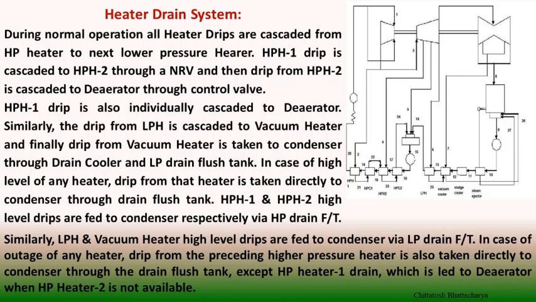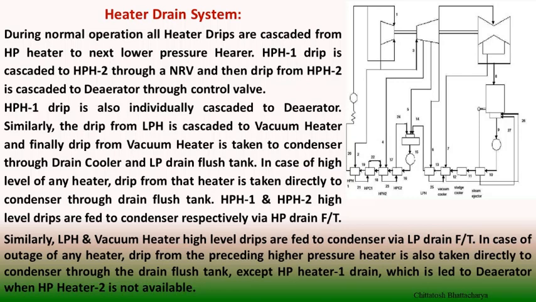During normal operation, all heater drips are cascaded from HP heater to the next lower pressure heater. HP heater 1 drip is cascaded to HP heater 2 through a NRV, and then drip from HP heater 2 is cascaded to deaerator through control valve. HP heater 1 drip is also individually cascaded to deaerator if HP heater 2 is out of service.